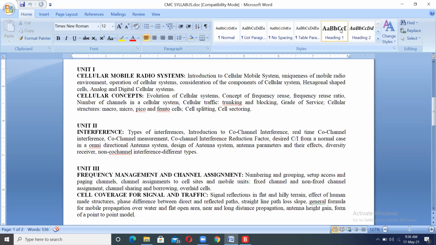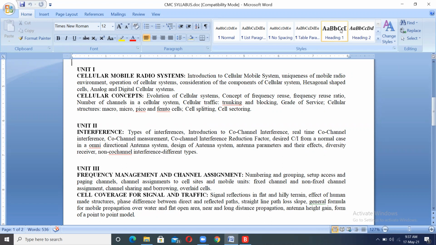That is, what are the components involved in cellular systems, what are the early mobiles, what are the differences between different generations, and the evolution of cellular communication, right? And what are the advantages of analog and digital systems, and also the disadvantages of both. That means the basic introduction related to cellular mobile communication is introduced here, and also the cellular concepts.